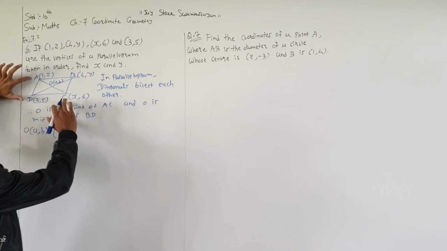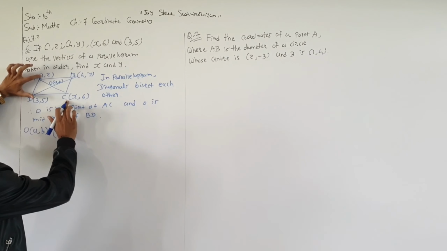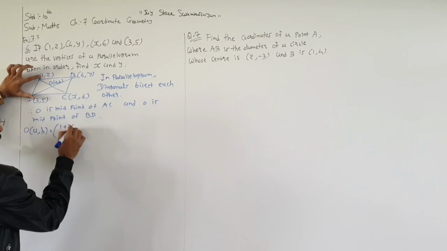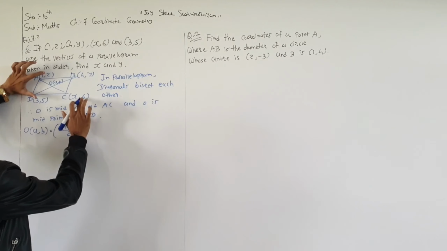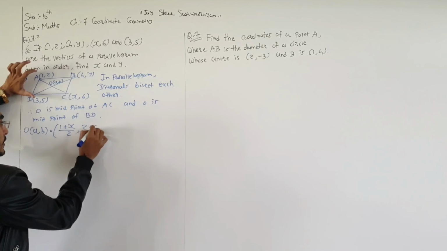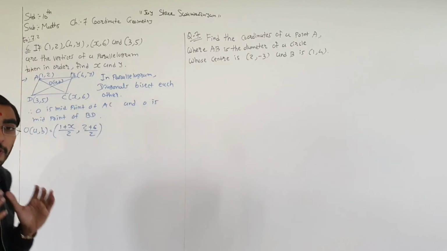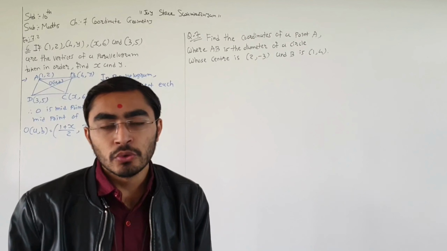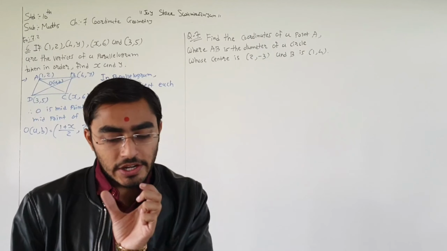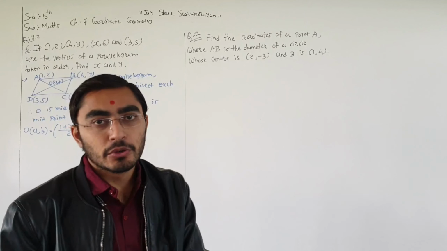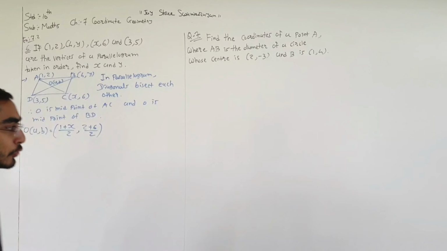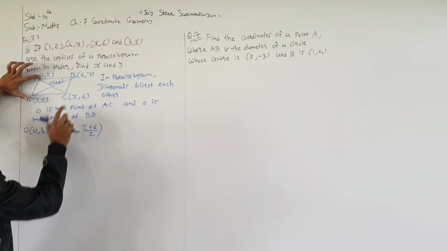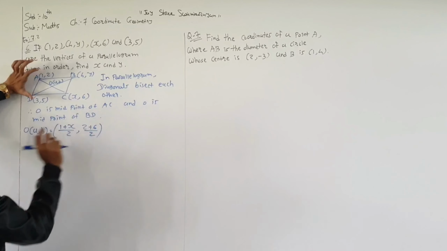For A and C, x coordinates are 1 and x, so (1 plus x) divided by 2. Then y coordinates 2 plus 6 by 2.